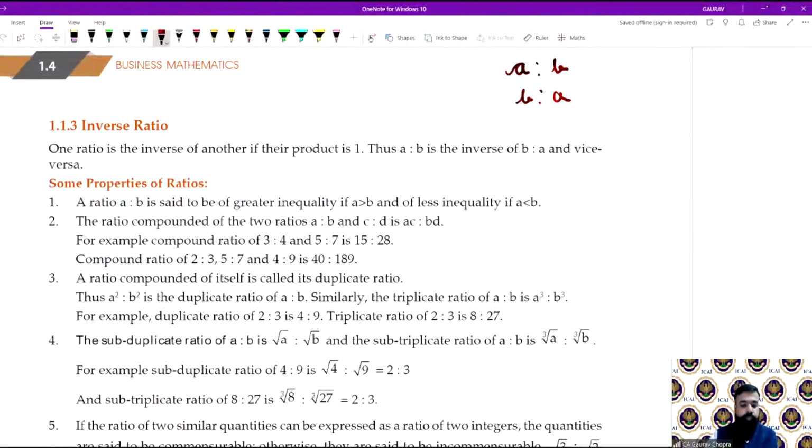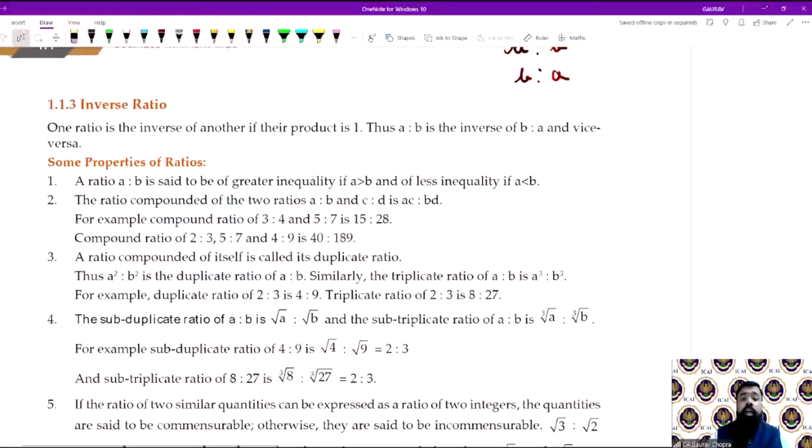All right. Now, there are some basic properties. The first one, a ratio A is to B is said to be of greater inequality if A is greater than B. Let's say we have 3 upon 2.